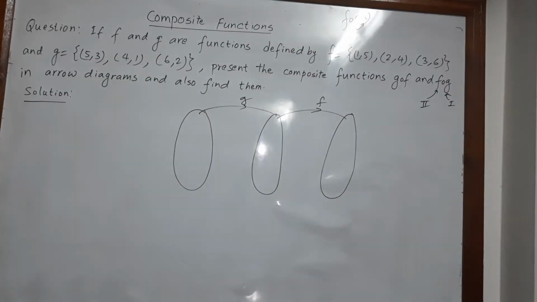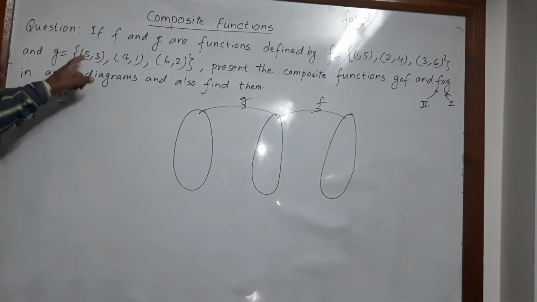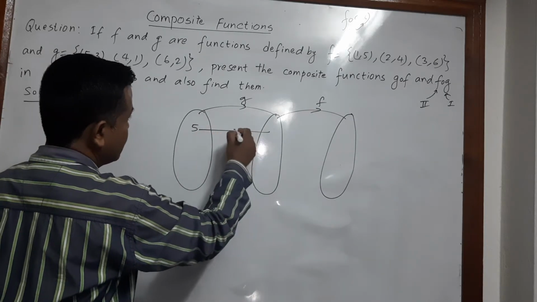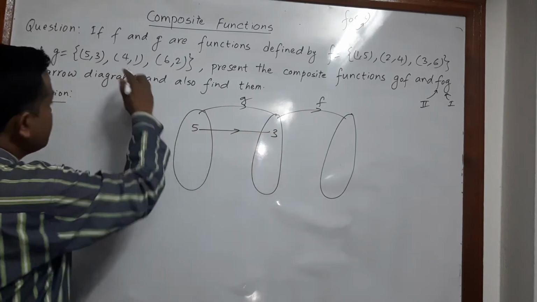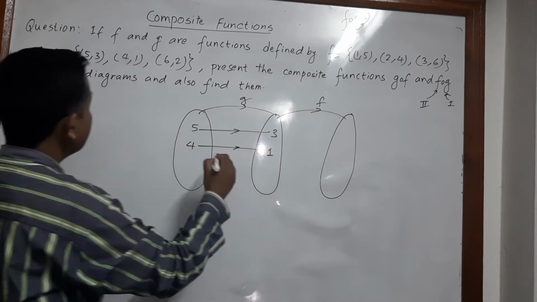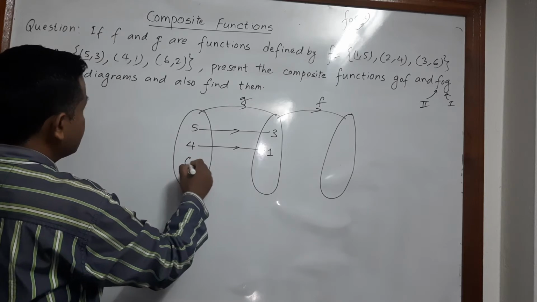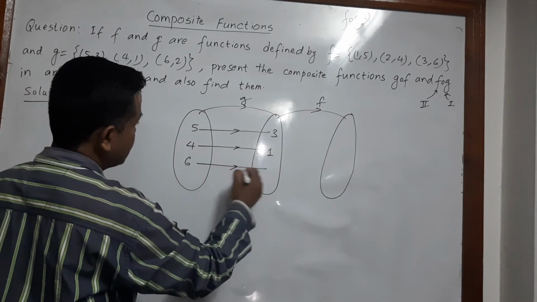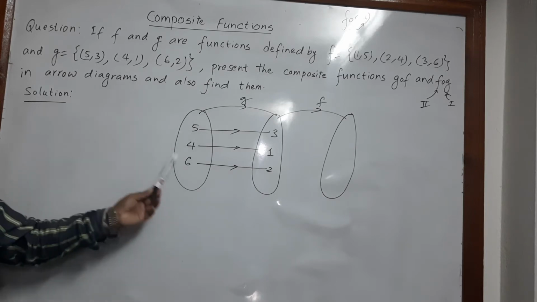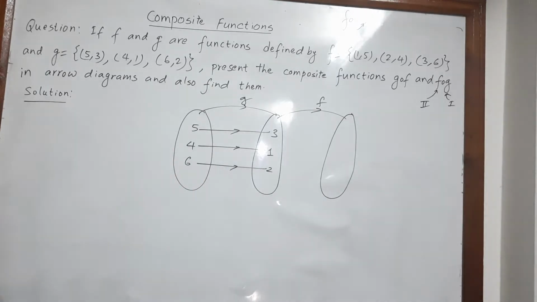So under this function g, 5 has image 3, 4 has image 1, and 6 has image 2.